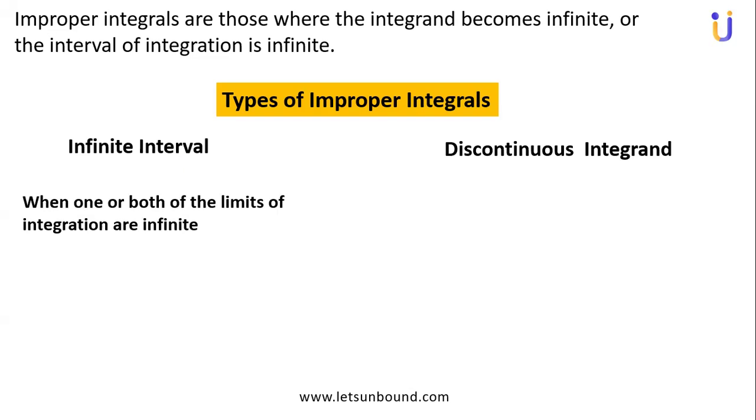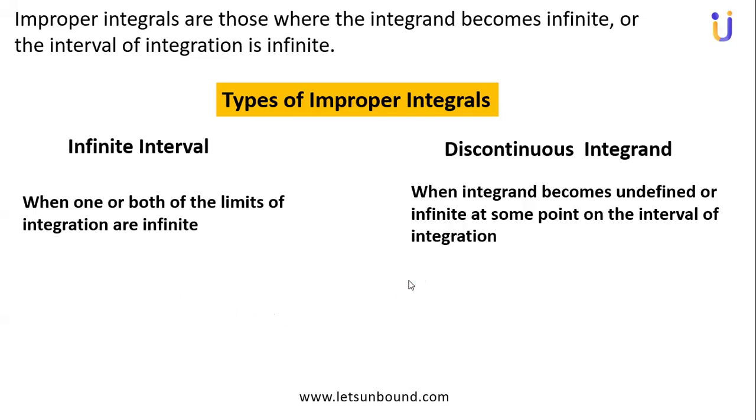Now, what is an infinite interval? When one or both of the limits of integration are infinite, like minus infinity to plus infinity or 0 to infinity, something like that. Discontinuous integrand means the function f of x is undefined at some point, and that point lies in the interval of integration. So that is a discontinuous integrand.